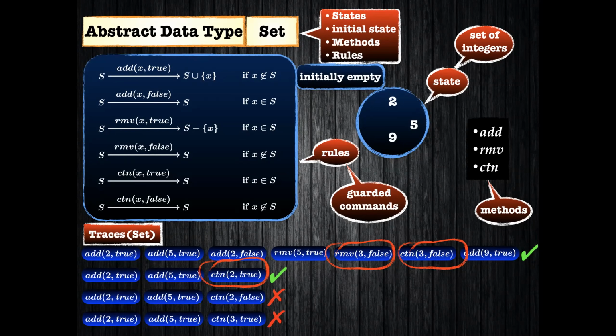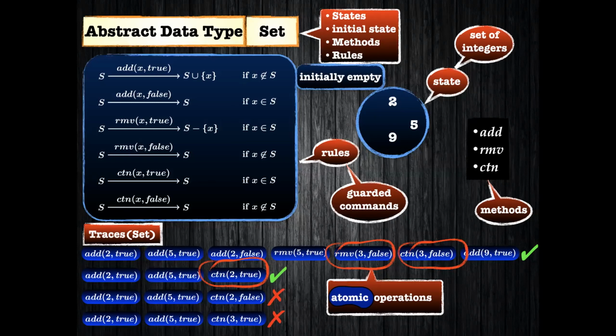Now, I just want to emphasize that all these operations that we generate are atomic. They do not take time. This is very important, as we will see later, where we have non-atomic operations. By atomic, I mean that you apply the method with the input and you get the output all in one step.